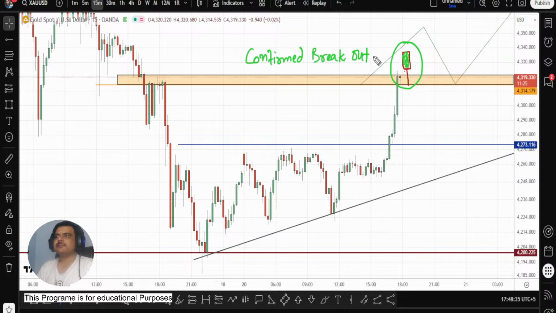Confirmed breakout on which time frame? On the 15-minute time frame.